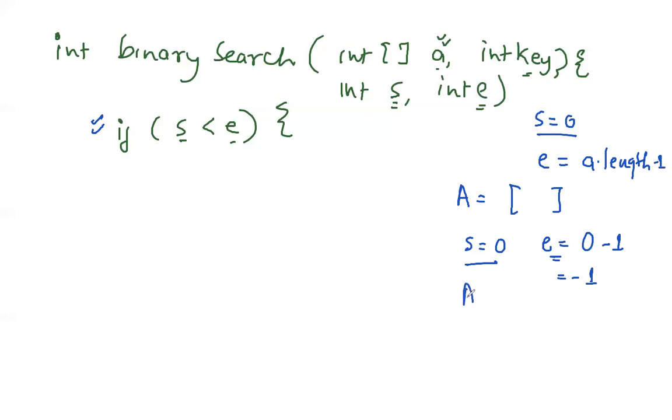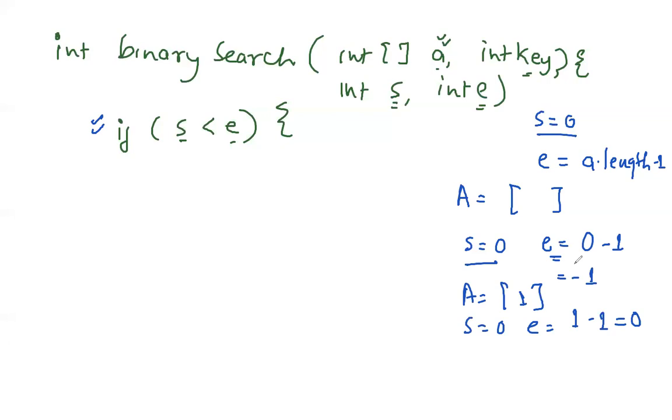Similarly, if I had an array of one element, what will it be? Start will again be 0, end will be length 1 minus 1, which is 0. In this case, start is equal to end.